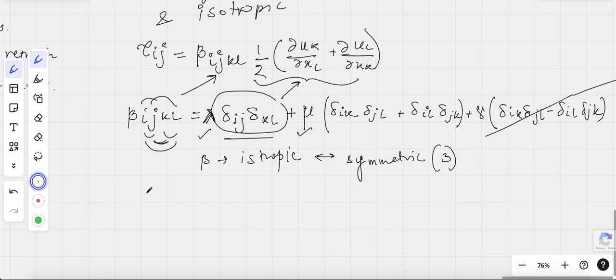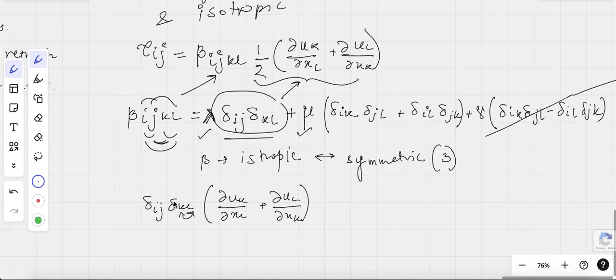Now we'll see what happens when lambda delta ij delta kl is multiplied with du_k by dx_l plus du_l by dx_k.